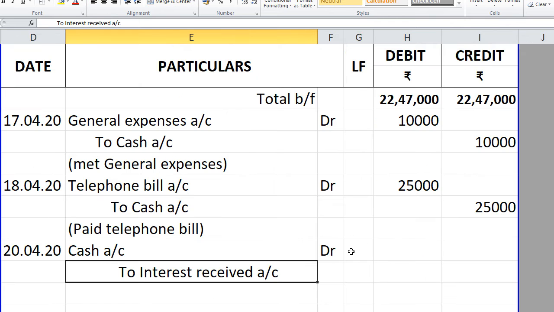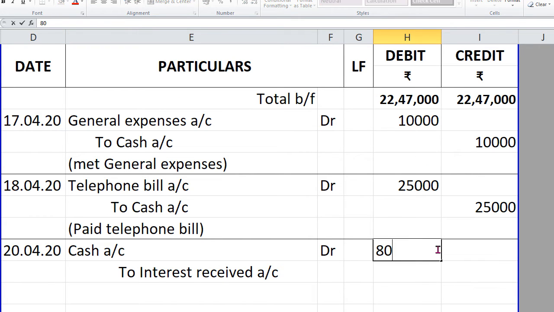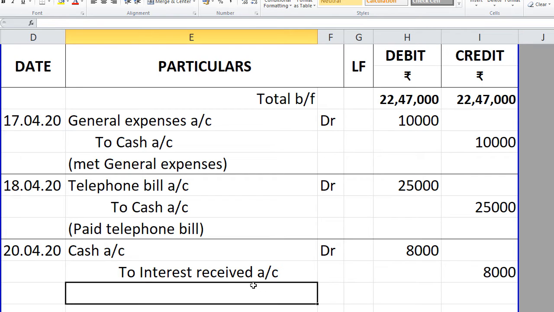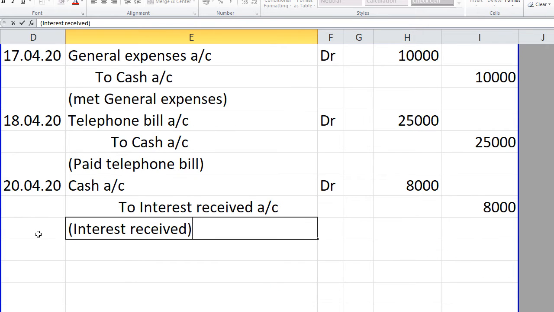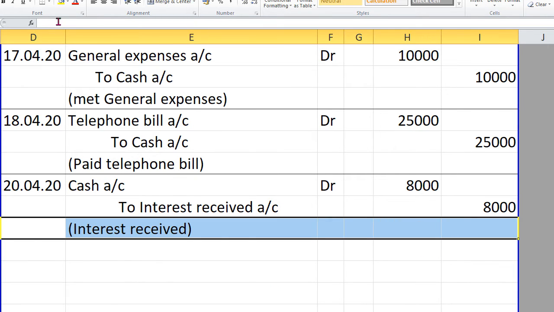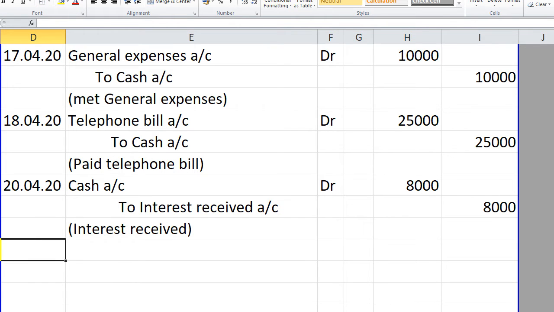Fine. So 8,000 and 8,000. Here the narration: interest received. Good. Now what we have to do? We have to draw a line. Right. Next, what's the transaction?